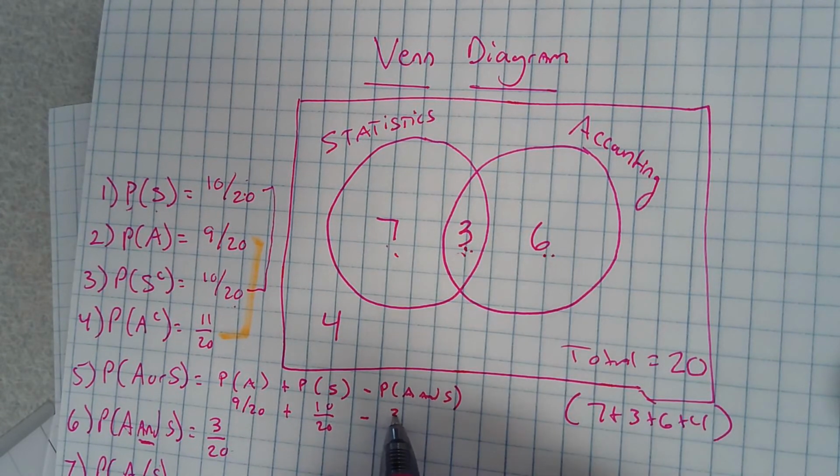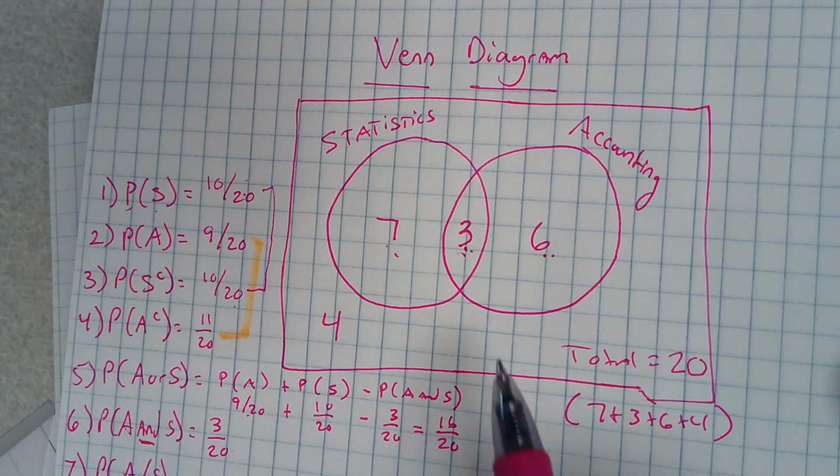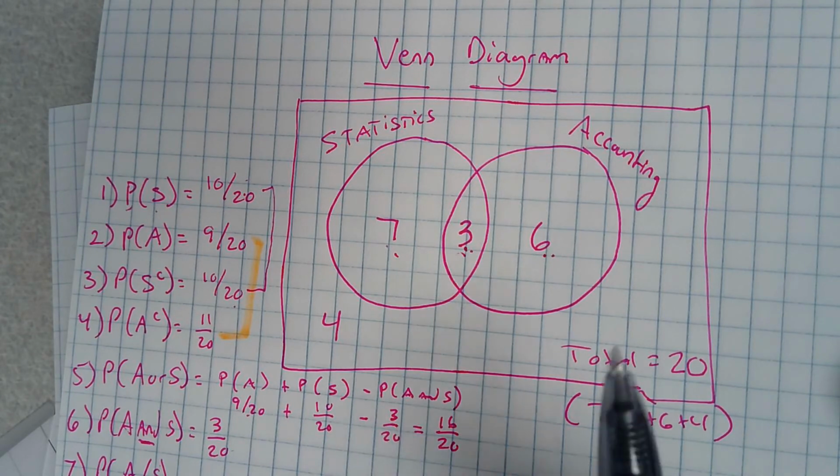We can't count twice, so we have to subtract 3 away. That 19 out of 20 minus 3 is going to be 16 out of 20. So the probability that you're in a stat class or an accounting class is 16 out of 20. A common mistake people make is they forget to subtract that 3 away.